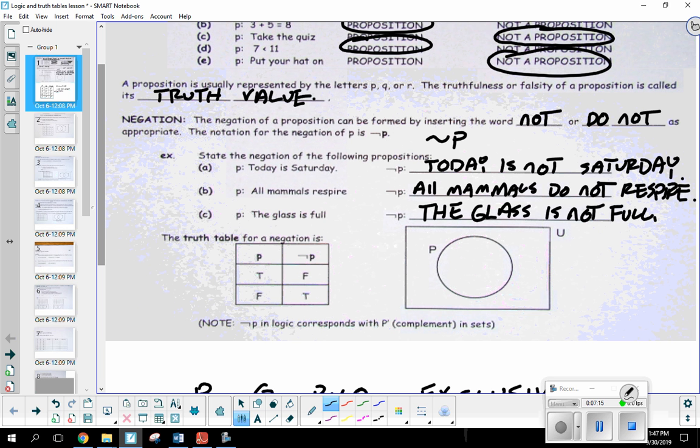So there would be 8 rows. So your table could get conceivably pretty large depending on the number of propositions you have. Now it says, note, the negation of P in logic corresponds with P prime, the complement in sets. So we would go ahead and shade everything out of here. Okay. Good.